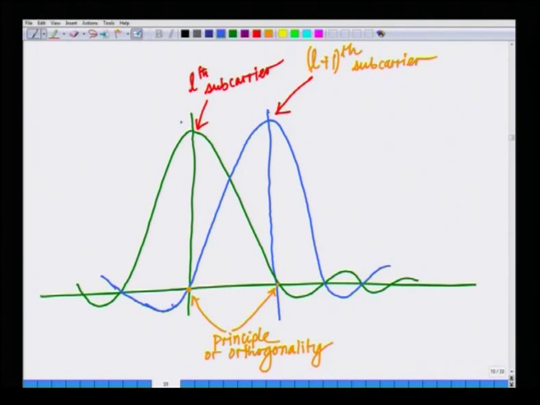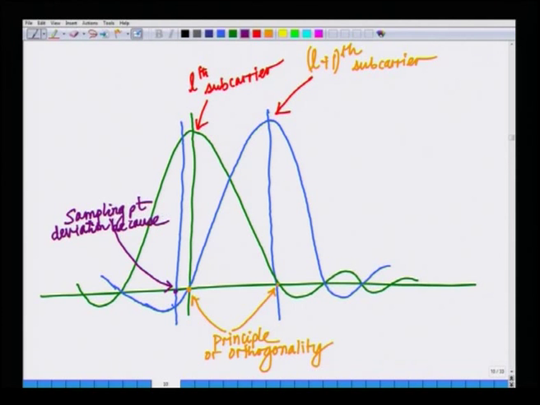Now, the moment I have a carrier frequency offset, I am offsetting the sampling in frequency, which means I am sampling slightly off the peak. So, I am sampling at this point. This is the new sampling point because of carrier frequency offset, the sampling point deviation because of the frequency offset.